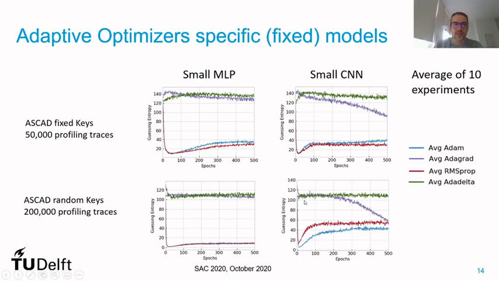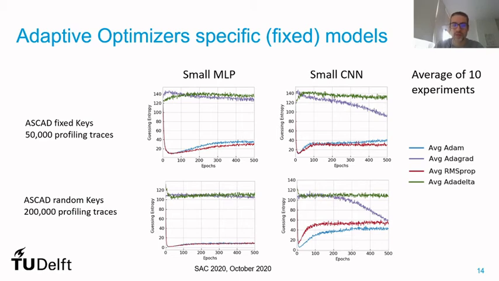So, adaptive optimizers on specific small models, small MLPs and small CNNs, show similar behavior to what we saw with randomly generated neural networks. This is a specific model which contains specific behavior, but it is again aligning with what we expect in general.